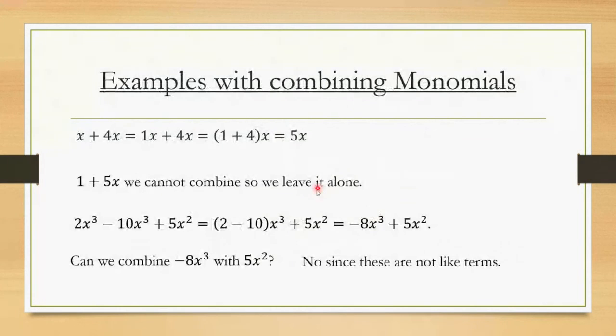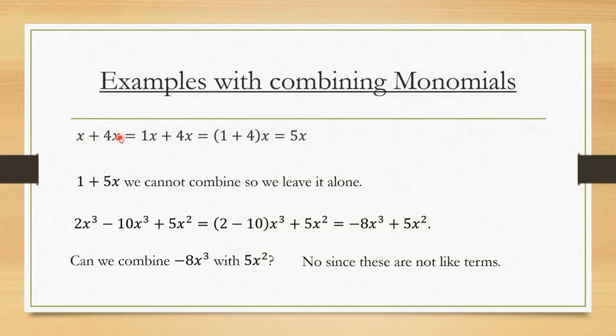All right. And here are some other examples. For instance, x and 4x, right? These are like terms. They're both in the same variable x. They both have the same degree, right? Remember, the exponent of x is not written, so it's understood to be 1.